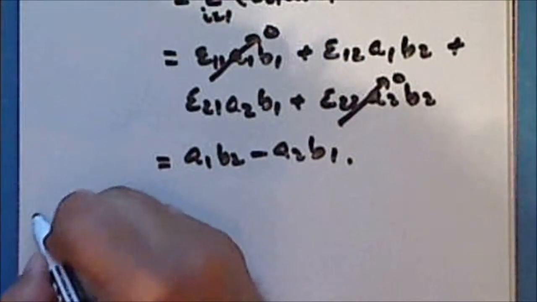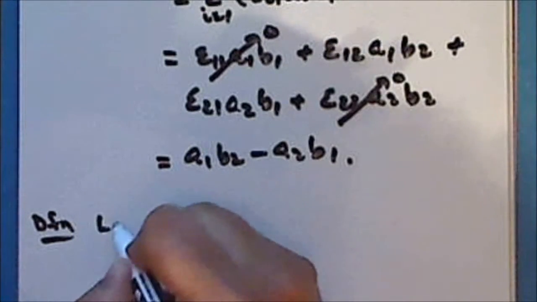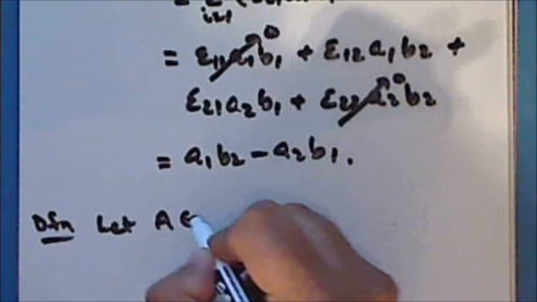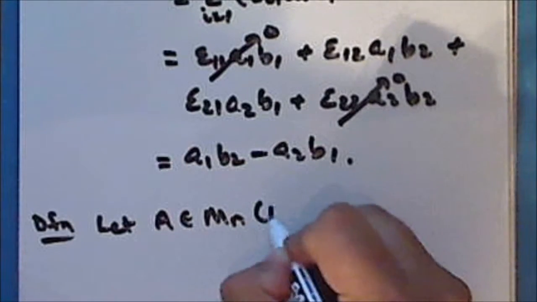So, new definition. Let A be a square matrix of order n with real entries.